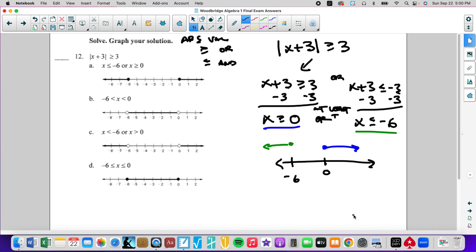So my solution is going to be this inequality, or this graph will look like this, and it'll be an or statement. So negative 6 going to the left, 0: x is less than or equal to negative 6, or x is greater than or equal to 0. So that would be A.